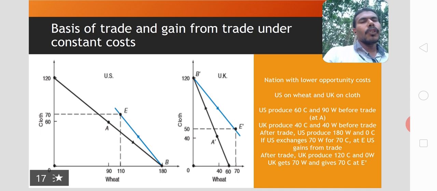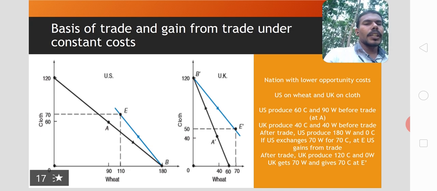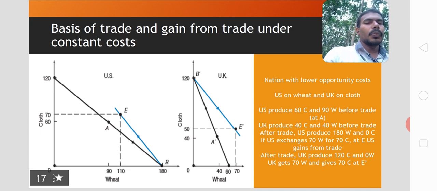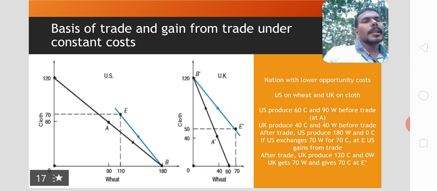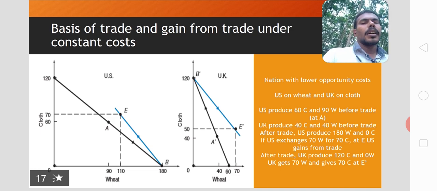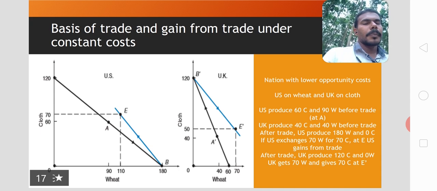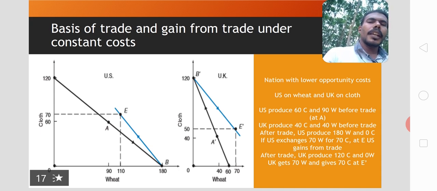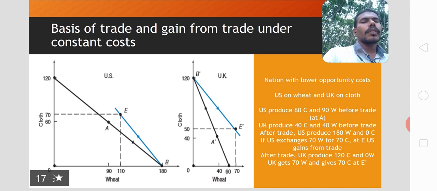Previously, before international trade takes place, the United States produced 60 units of cloth and 90 of wheat. So after international trade, 180 wheat is produced by the US, 70 of it is exported to the United Kingdom, 110 units of wheat is domestically purchased by the United States itself, and they could import 70 units of cloth from the United Kingdom.